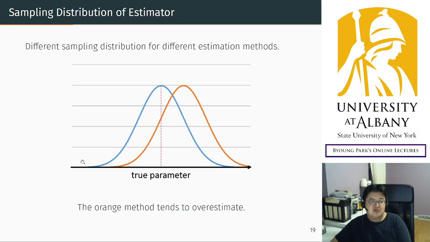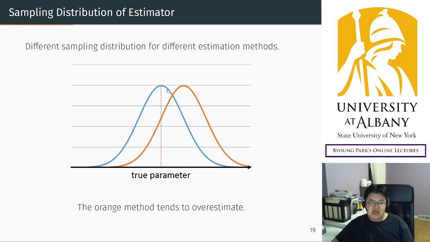So think about blue estimator and orange estimator. If you know that the true parameter is here, and then if you compare those two sampling distributions, what you can tell here is that the orange estimator tends to overestimate. It's centered around, the highest probability is away from the true parameter.